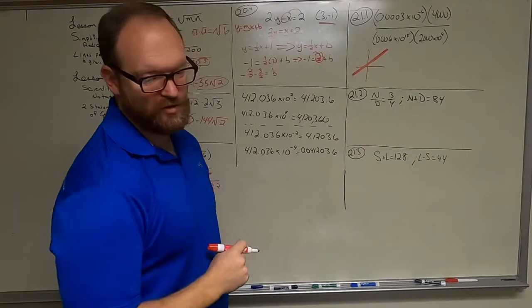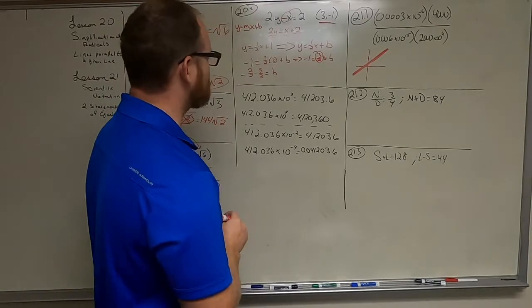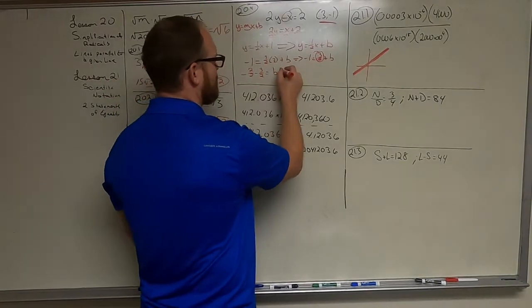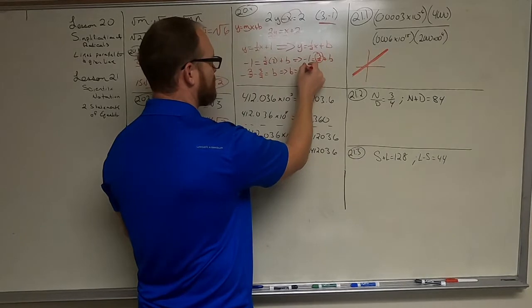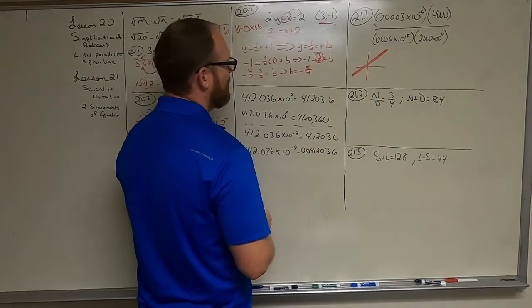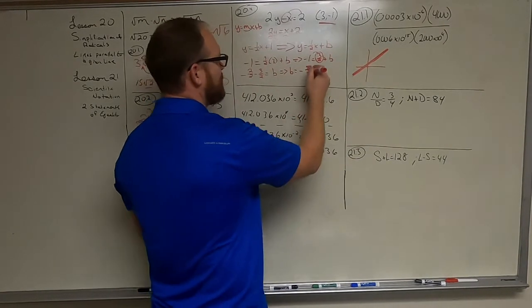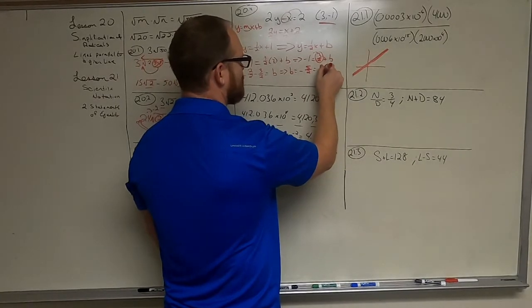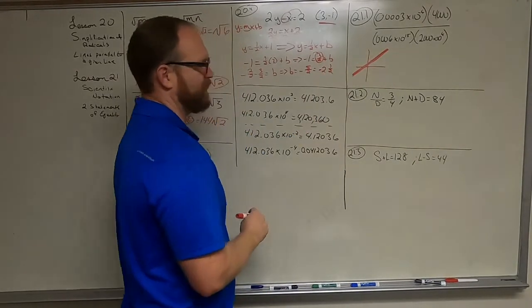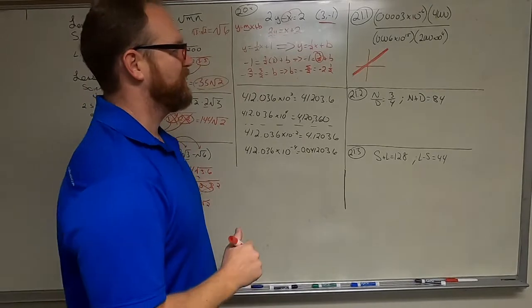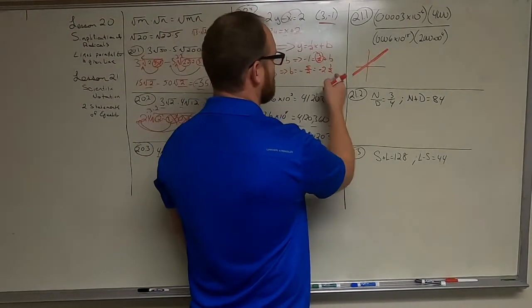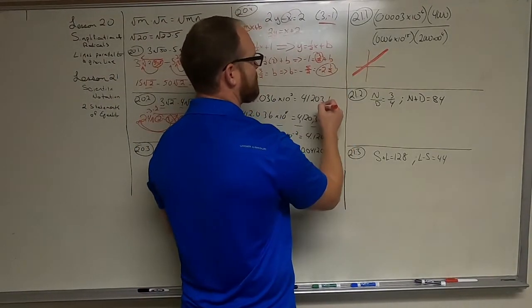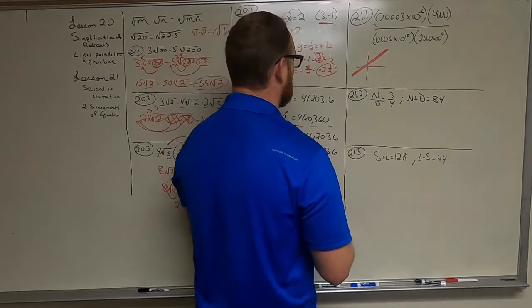So -2 over 2 minus 3 over 2 equals b. So b is going to equal -5 over 2. And what's -5 over 2? Well, that's going to be a -2 1/2. Okay, so what does that tell us? It tells us that the b, the y-intercept, is -2 1/2.